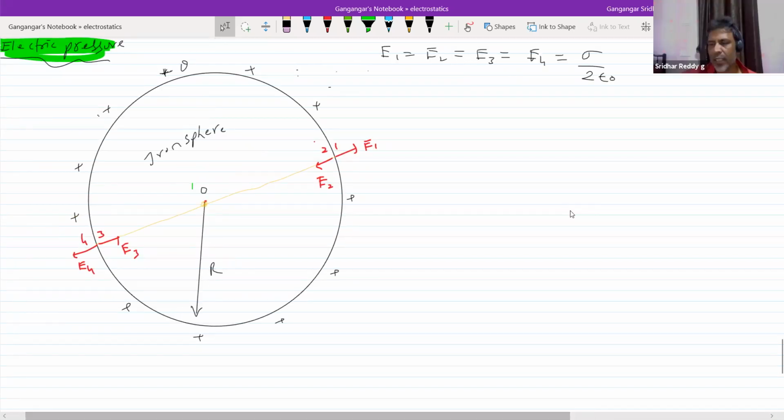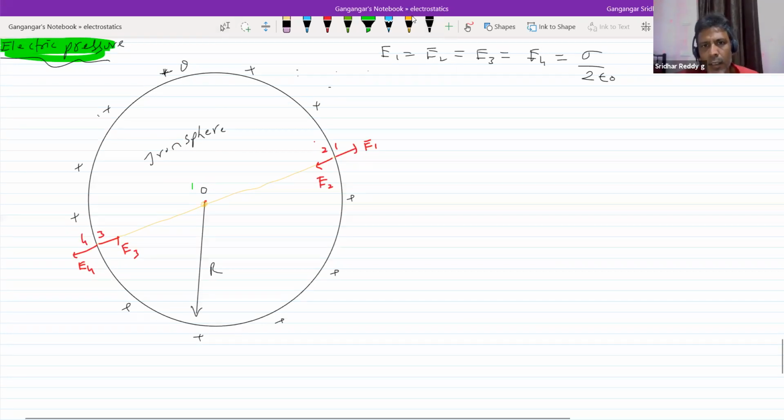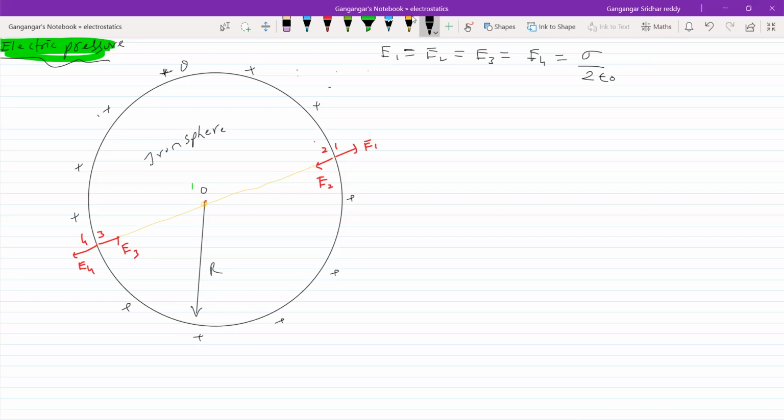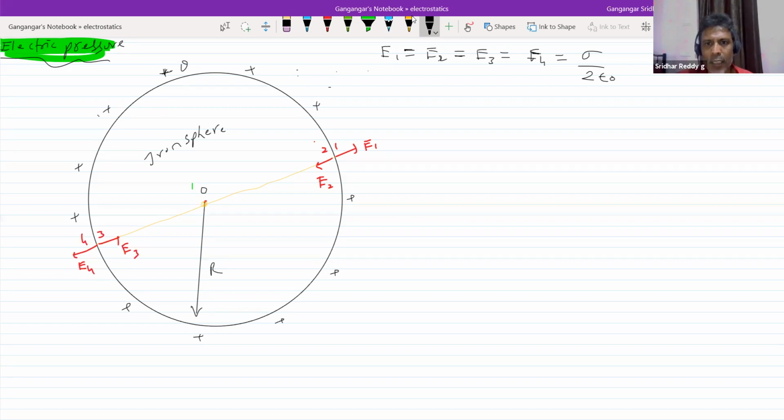I'm equating this one. Come to this. So is it similar to a non-conducting sheet only? I brought it here. So why is the field at point 0 zero?